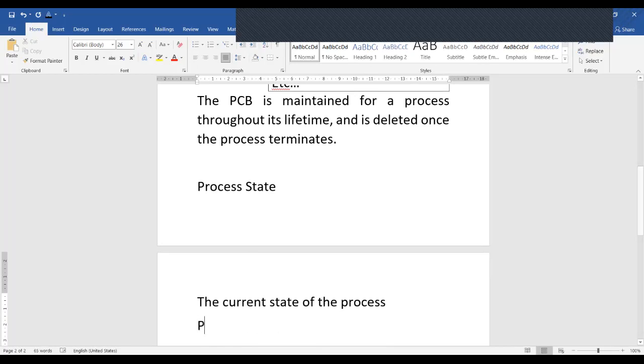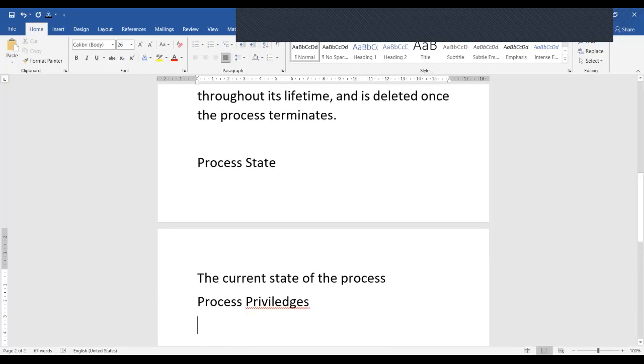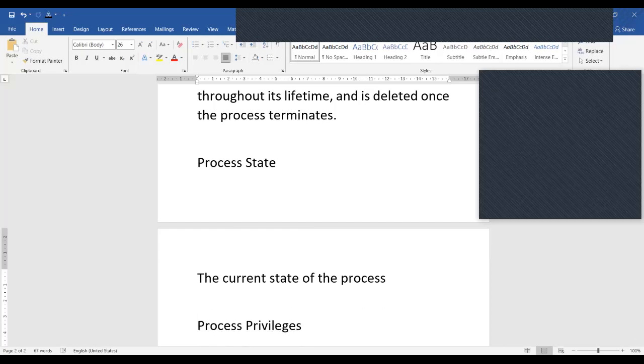Next is process privileges. What is process privileges? Does anyone have any idea? What do you mean by the privilege of a process? Has anyone heard about any kind of privilege? Shayan Dash, unmute yourself.